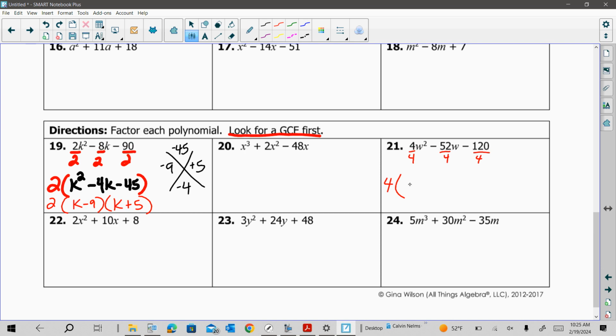You're left with 4 parentheses, W squared, what's 52 divided by 4, 13W minus 30.